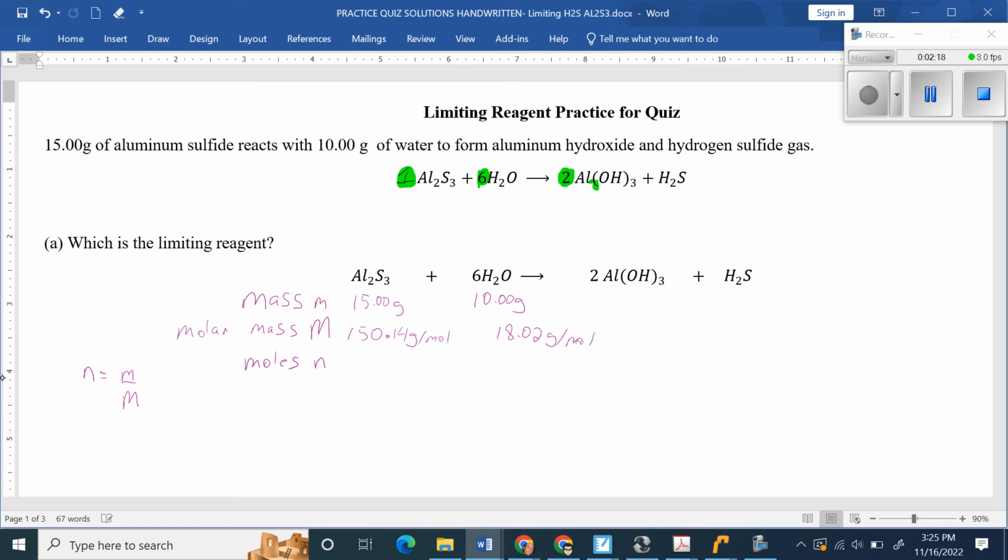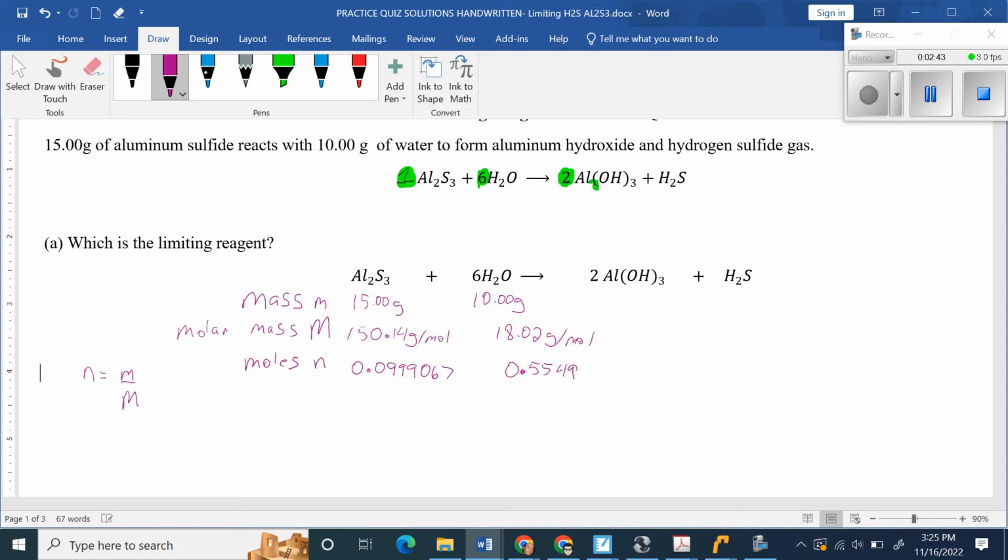Okay, and then so mass over molar mass is 0.099967. And here we have 0.5549.